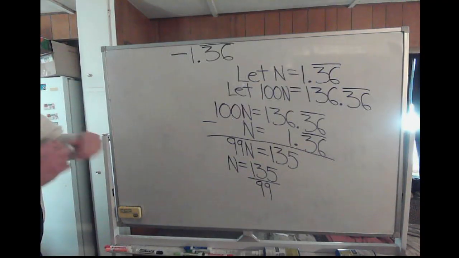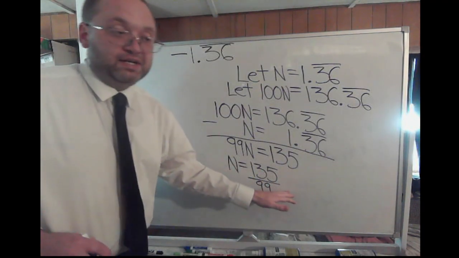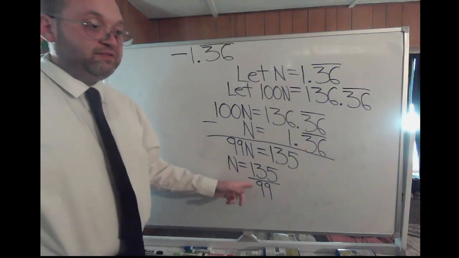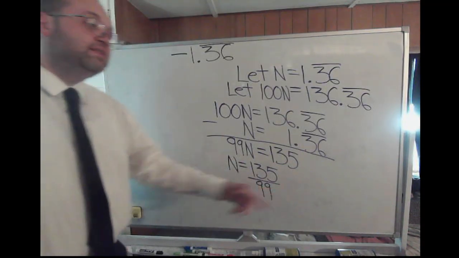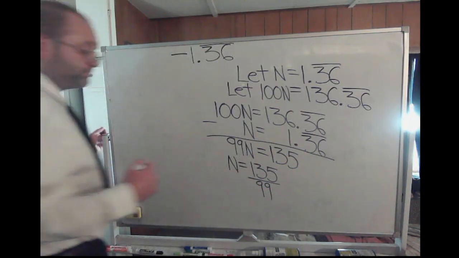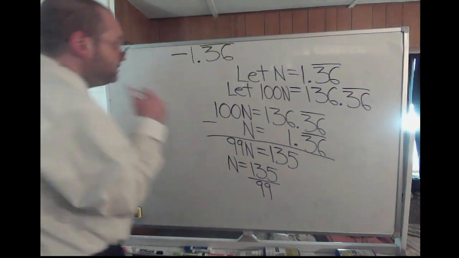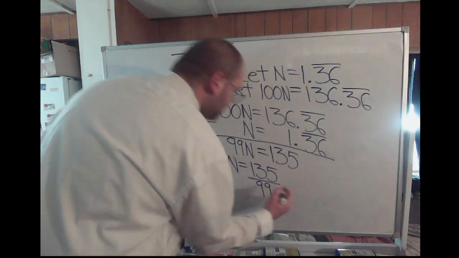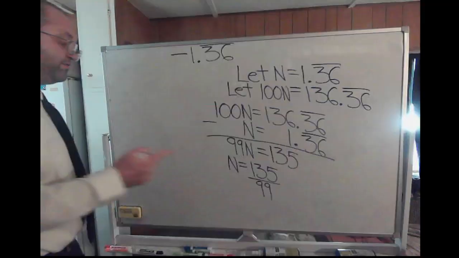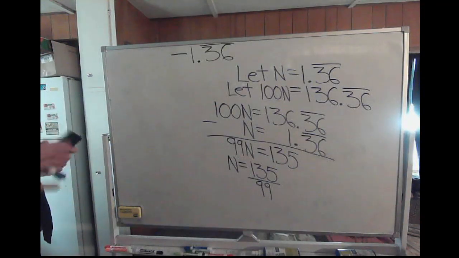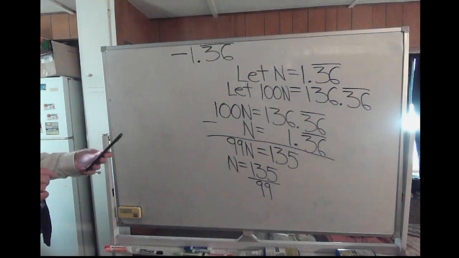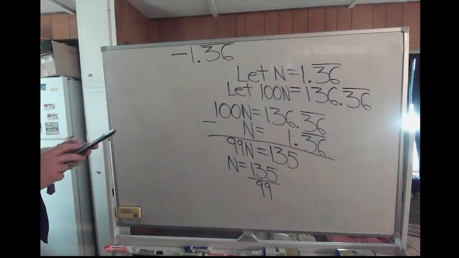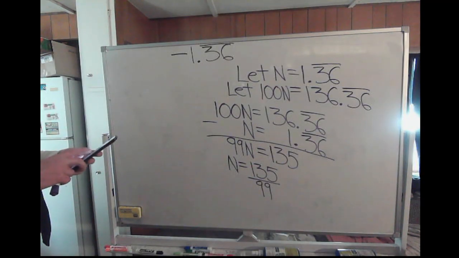which in these type of problems, you really want to get a mixed number. It's kind of bad form to leave it an improper fraction. You want to make this a mixed number. So let's see if we can reduce this any further first. Can we reduce this any further? I think 135 is divisible by 3, yes.